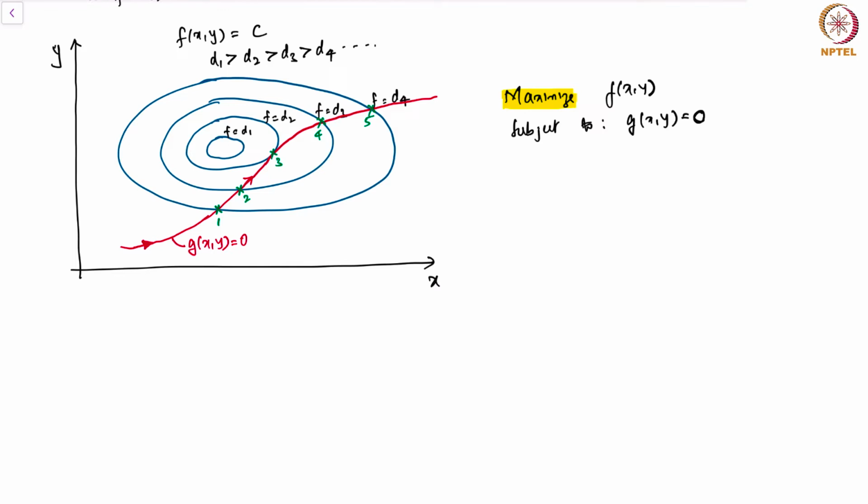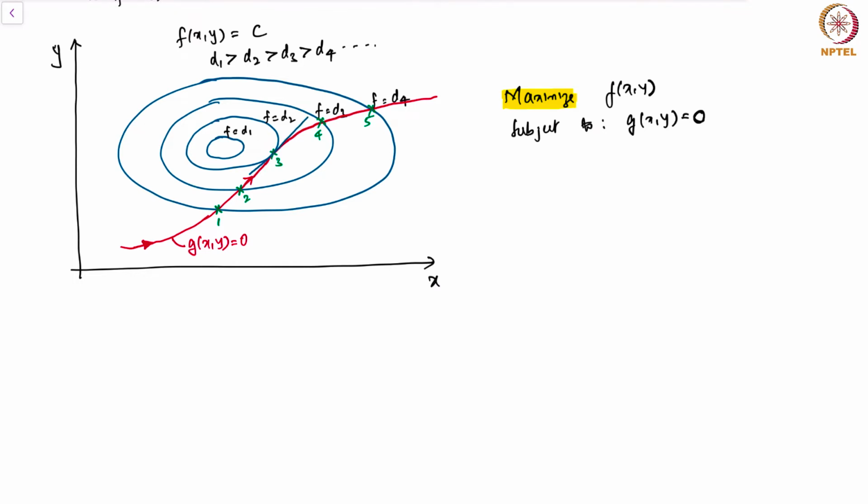And this will happen when the contour curve of f and the constraint curve basically barely touch each other, which means that they have a common tangent. I'll show it with a blue curve. This is my common tangent.